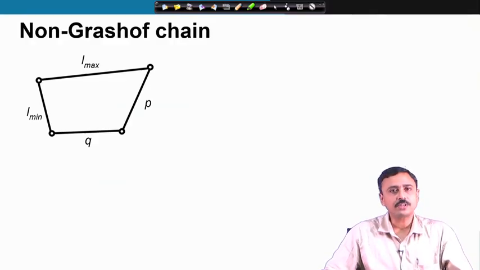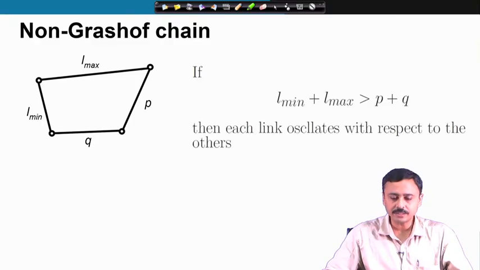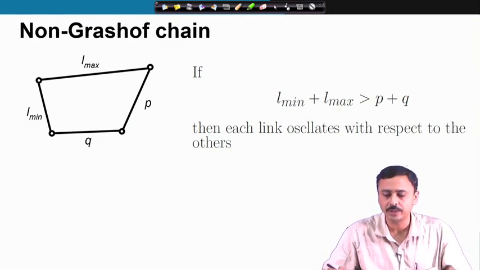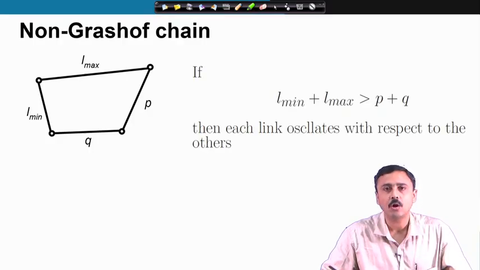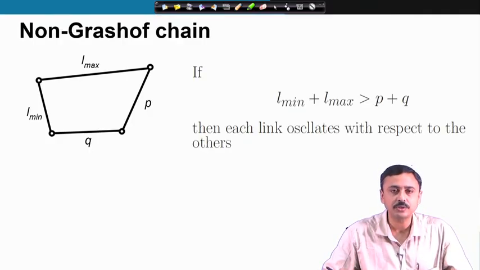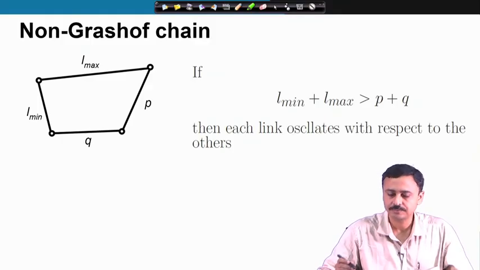Now, what is a non-Grashof chain therefore? It is a chain that does not satisfy the Grashof criterion. Therefore, L min plus L max, the sum of lengths of the shortest link and the longest link, is greater than the sum of the other two links. Then all links will rock with respect to one another. So, this is a non-Grashof chain.